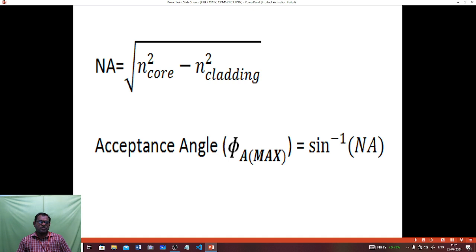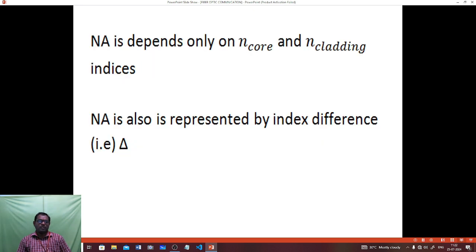So numerical aperture is also represented by the square root of n1 square minus n2 square, and acceptance angle is equal to sine inverse of numerical aperture. So numerical aperture depends only on the refractive index of the core and the cladding.